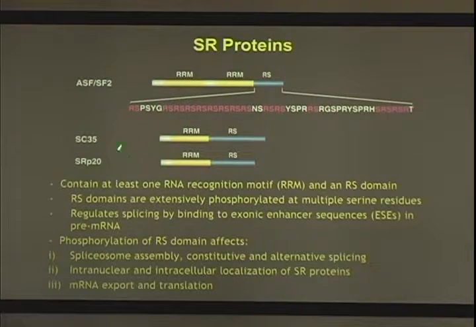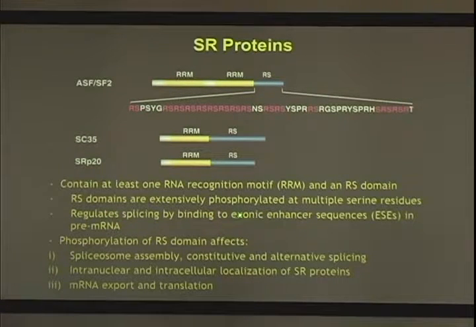So what are the characteristics? All SR proteins must contain at least one or two RNA binding motifs, the RRM. The C-terminus contains a region of serines and arginines, in alternate positions: serine, arginine, and so on. SR proteins are very important for spliceosome formation.